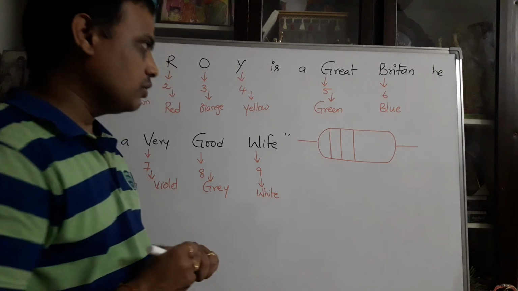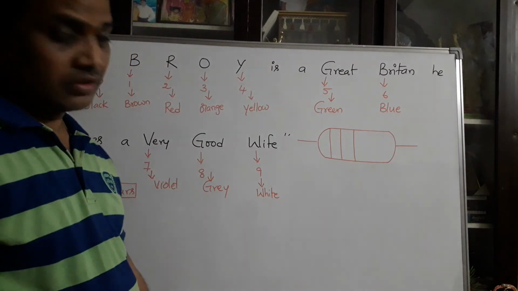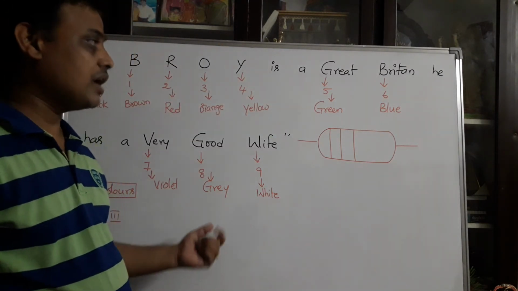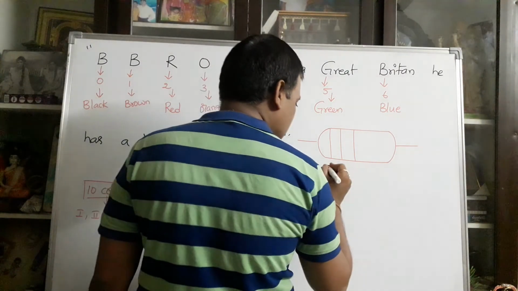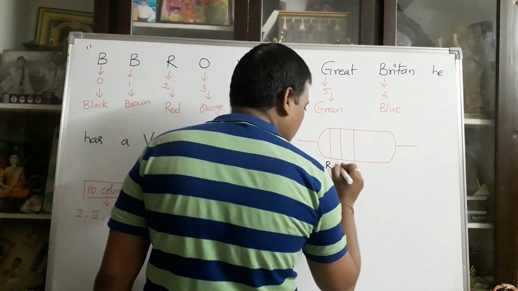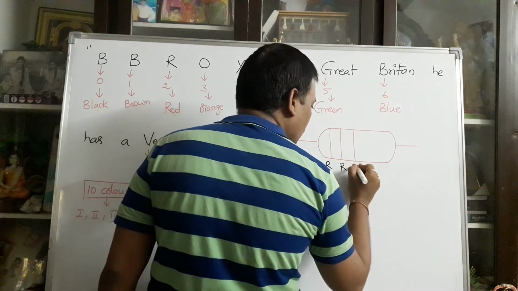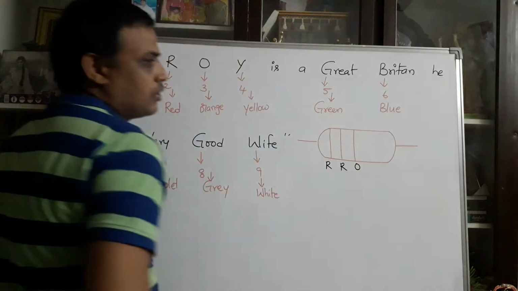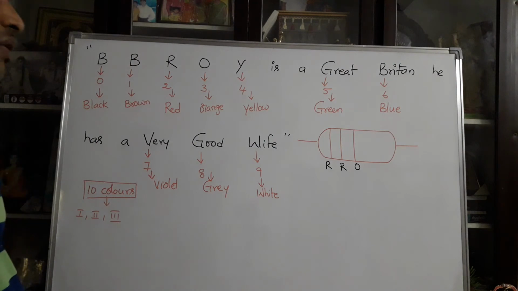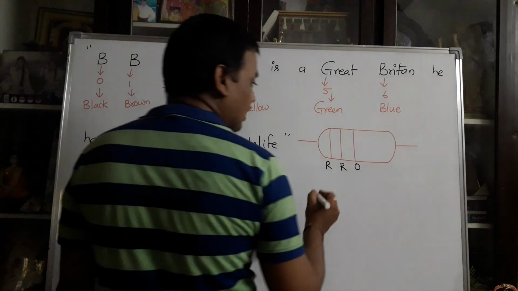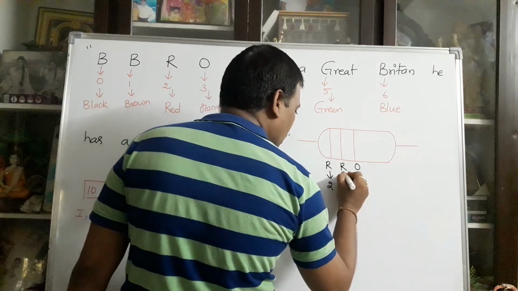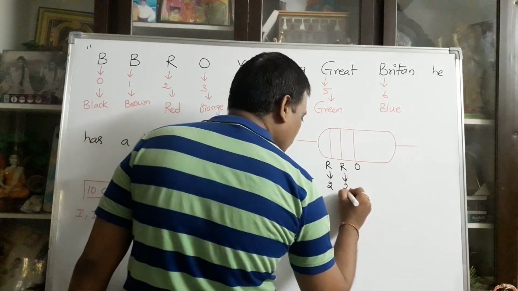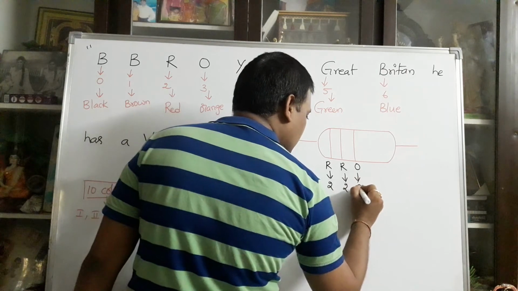Out of these 10 colors you can take any 3 colors. Say red, red, orange. Once you know the colors, immediately you can give the numbers of the colors. Red number is 2, red number is 2, orange number is 3.